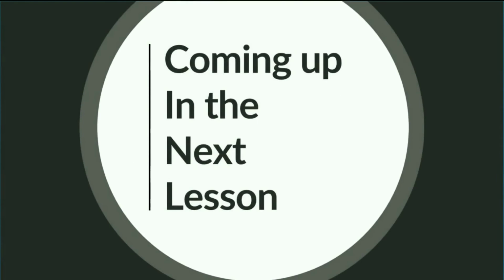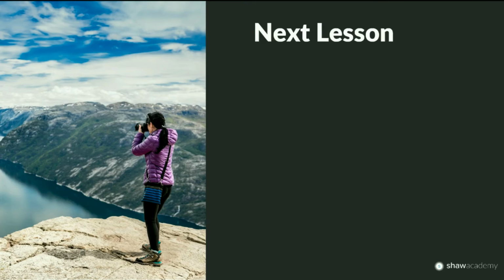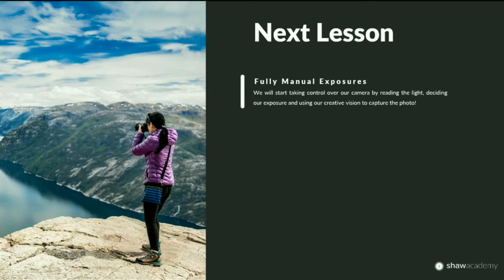It is our fully manual mode, fully manual. This is a really big lesson, a key lesson of the course up to this point. So we're going to have a look at doing fully manual exposures, how we can take full control over the camera by reading the light, deciding our exposure based on what aperture and shutter speeds we want to use, and using our creative vision to finally capture that photograph in fully manual mode.